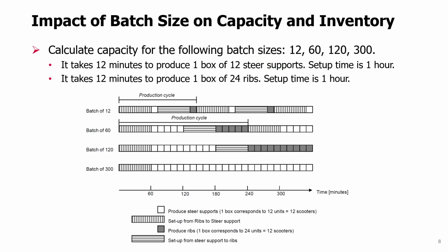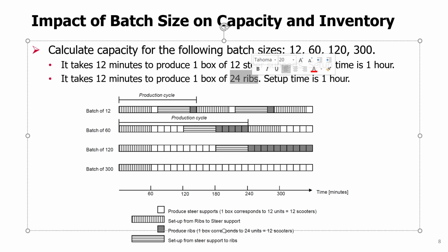We can also consider, because it takes 12 minutes to produce 12 steer supports, that's like 1 minute for one steer support, and 12 minutes for 24 ribs, that's 1 minute for 2 ribs, but remember, 2 ribs are necessary for one scooter. So again, it is 1 minute for every set of parts necessary for the scooter, a set of ribs necessary for one scooter.